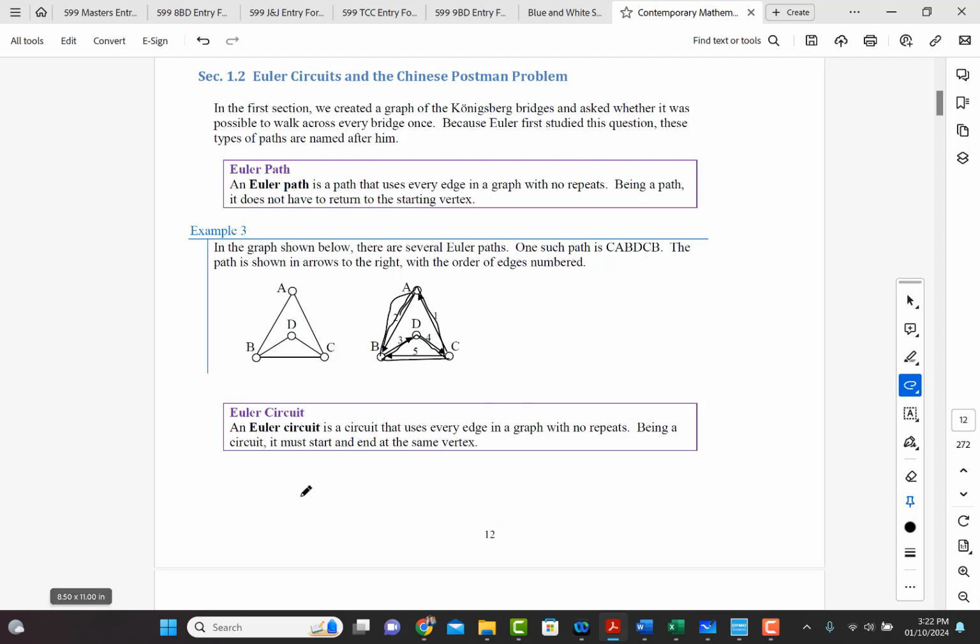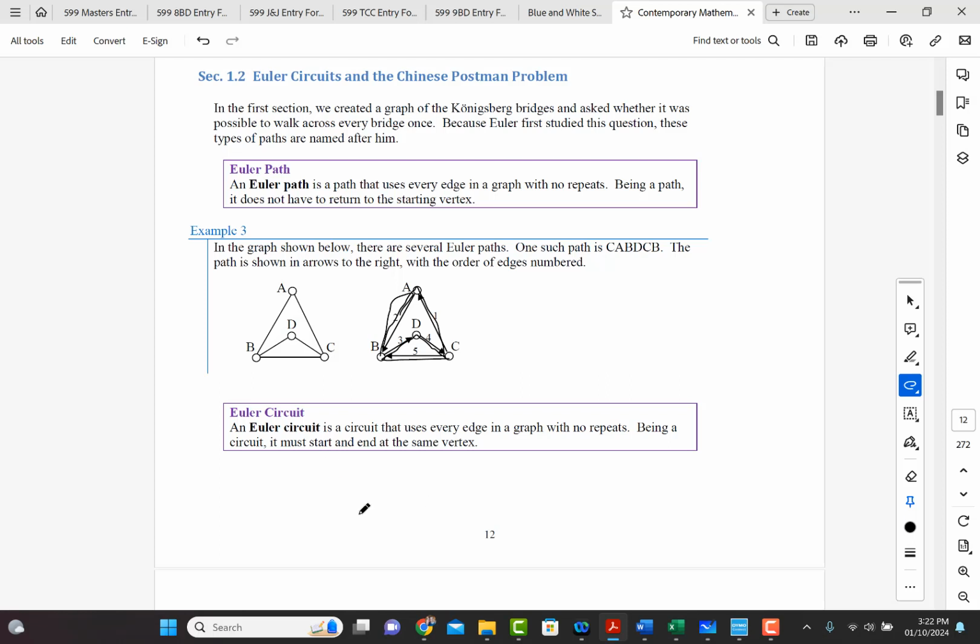An Euler circuit is a circuit that uses every edge in a graph with no repeats. In a circuit, the only difference is you do return to the same vertex. So the beginning vertex and the ending vertex are the same.